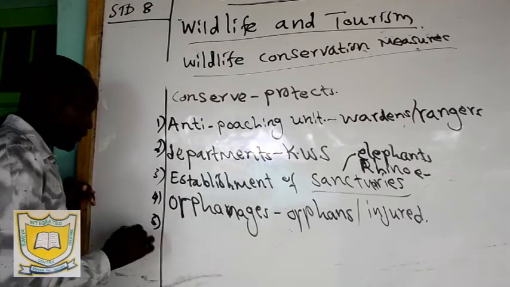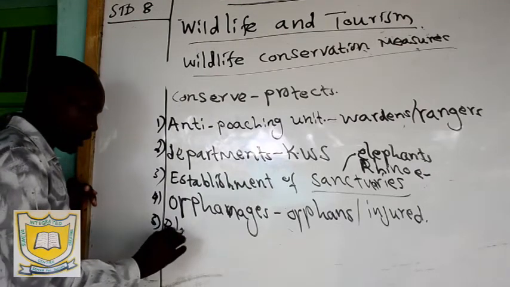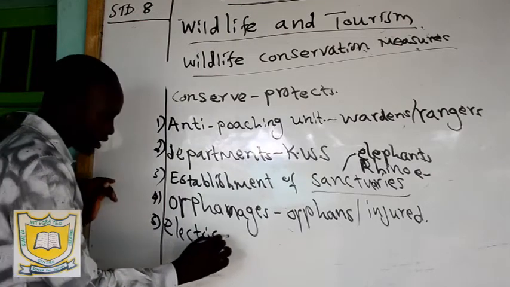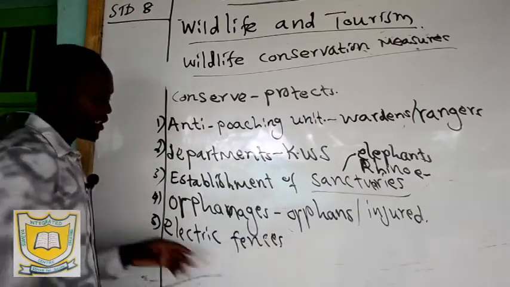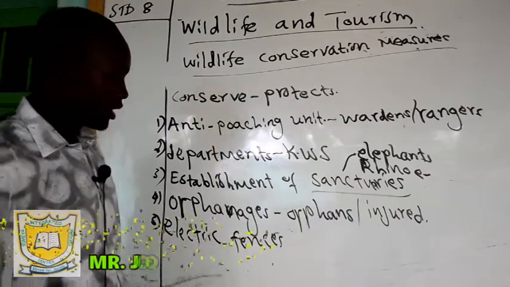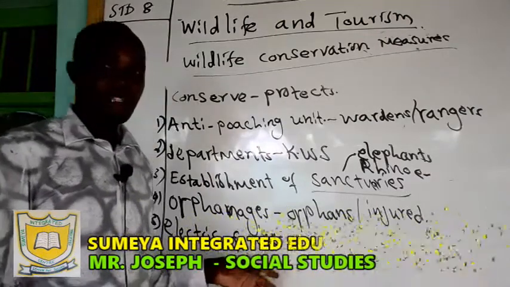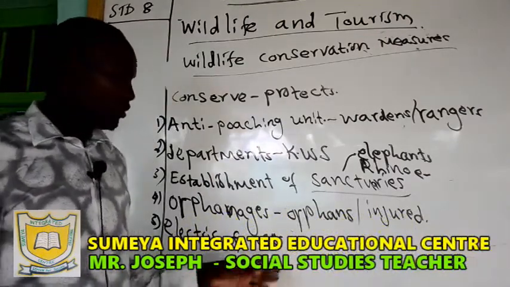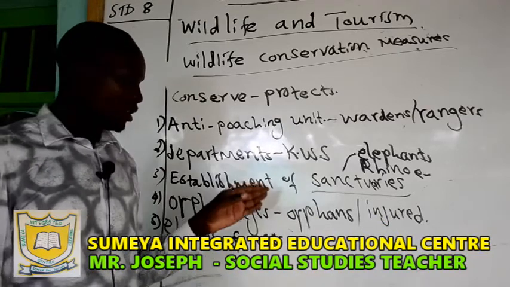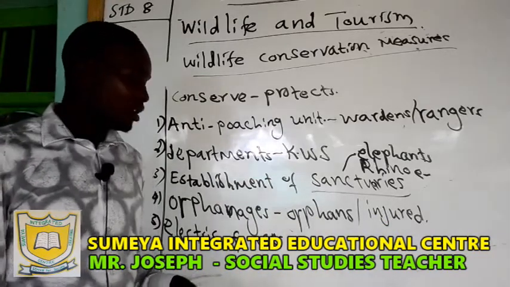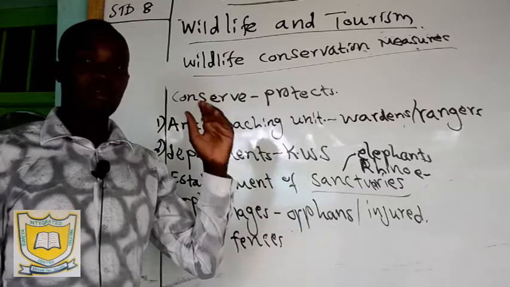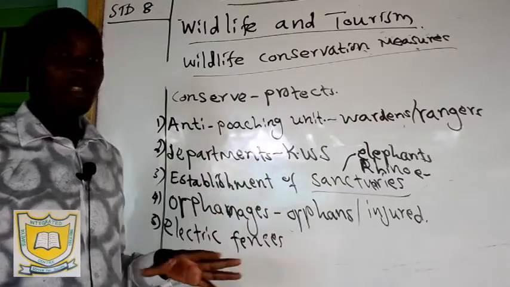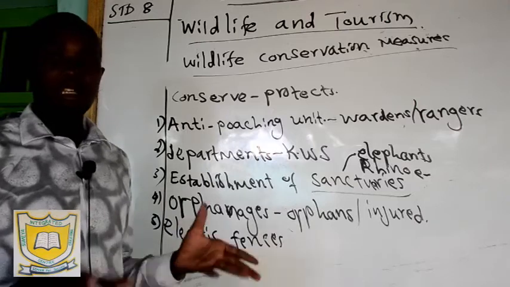Then number five, we have what we call electric fences. Electric fences across the park. When you go to some national parks, you'll find that we have an electric fence across the park. Animals like lion, leopard, hyena or elephant sometimes cross the border and go to disturb people in the society, maybe farms, and maybe killing people.